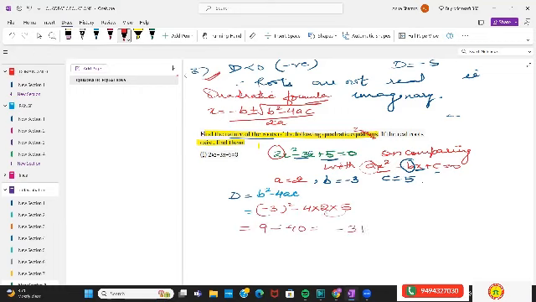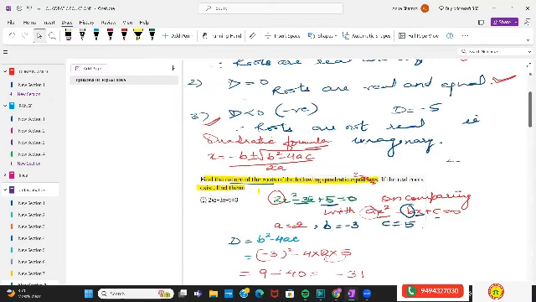Now tell me, from the cases or from the condition, do the roots exist or not? Roots do not exist. Why?